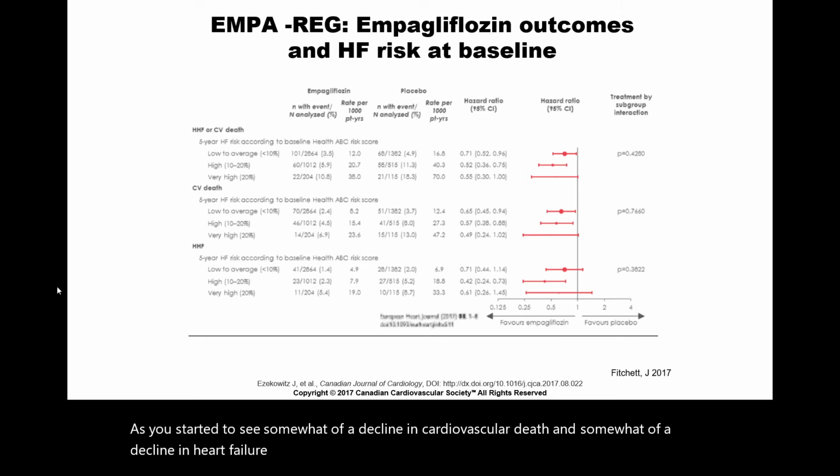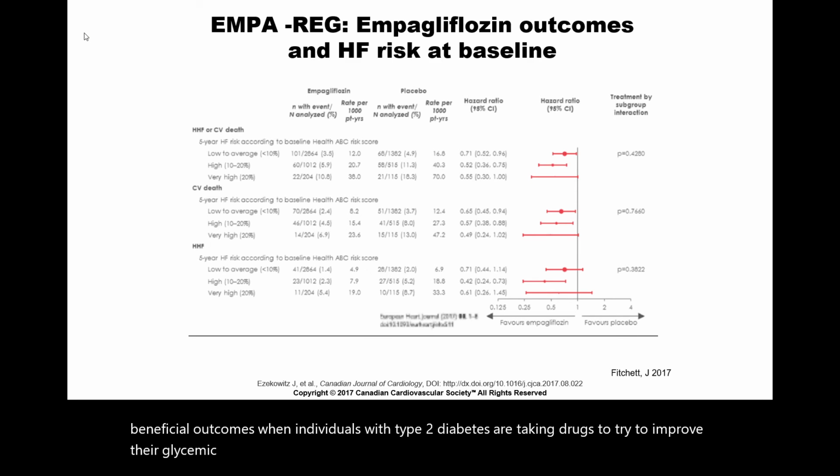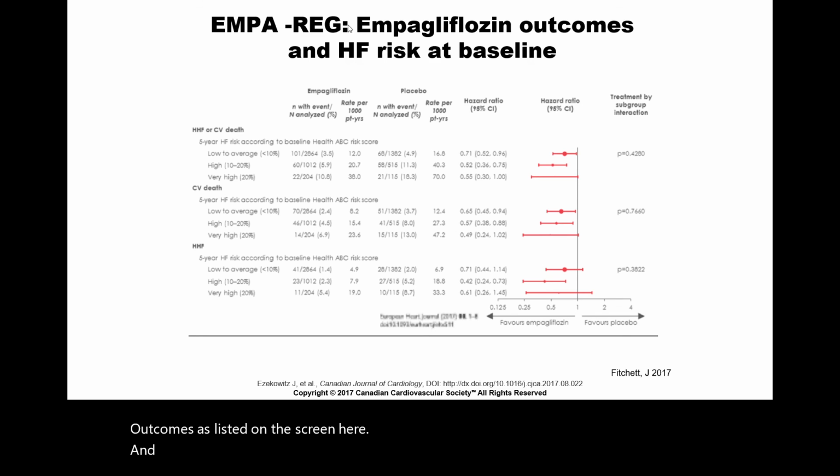By and large, this study would suggest that there are beneficial outcomes when individuals with type 2 diabetes are taking drugs to try to improve their glycemic control and inadvertently lowering their risk for heart failure outcomes as listed on the screen here. And so that concludes this lecture episode.